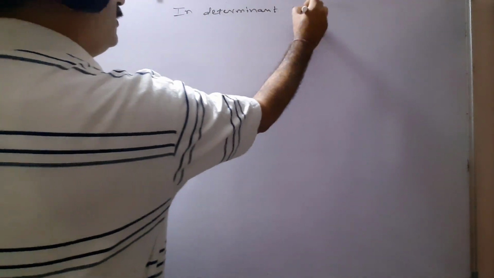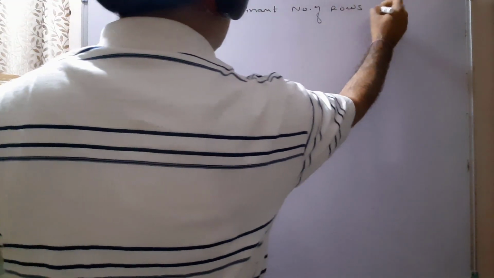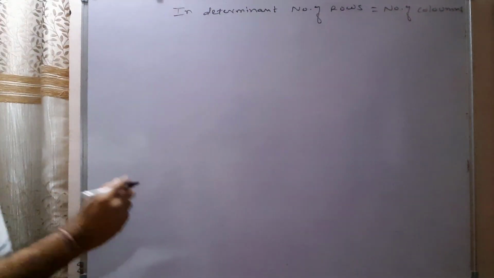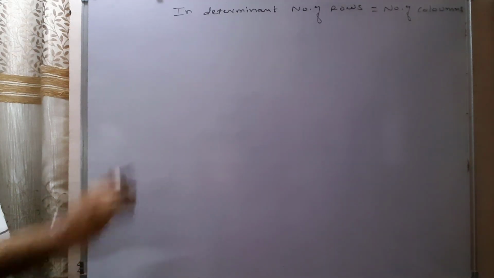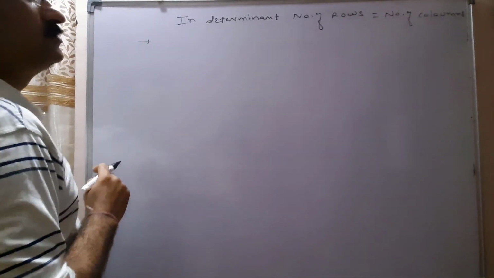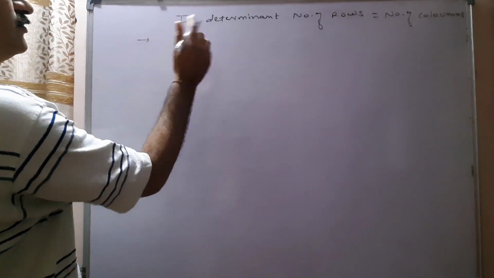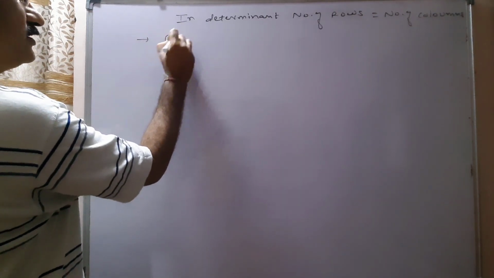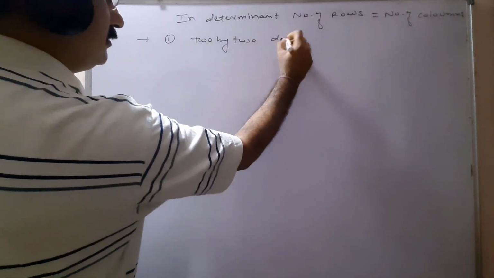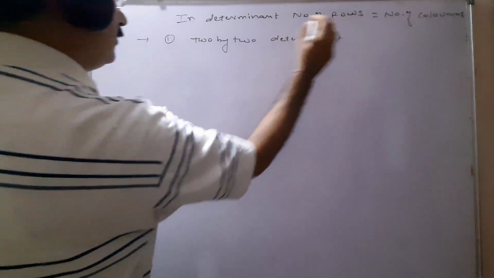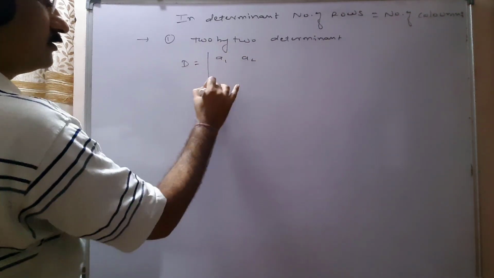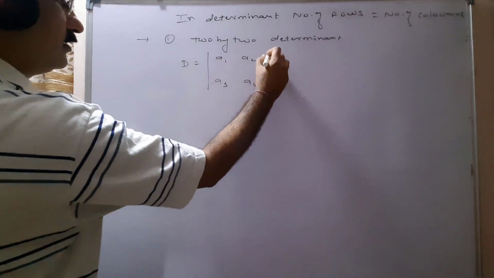In determinant, number of rows is equal to number of columns. Now here we see the method, first one, 2 by 2 determinant: A1, A2, A3, A4.